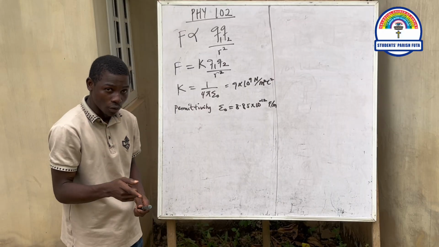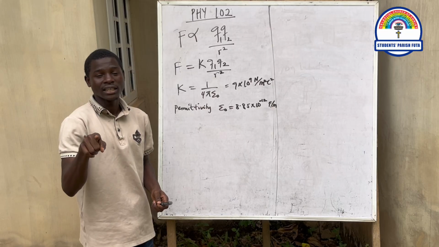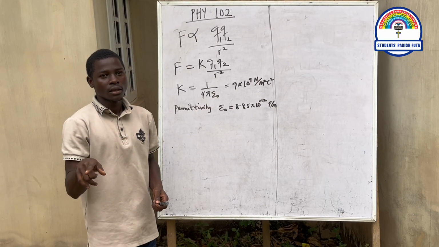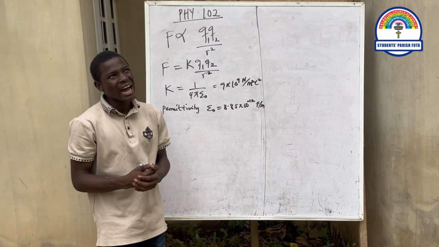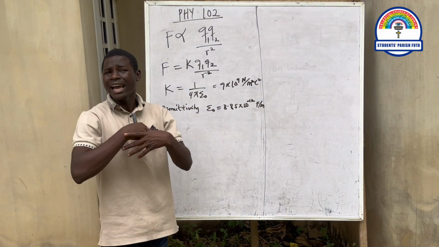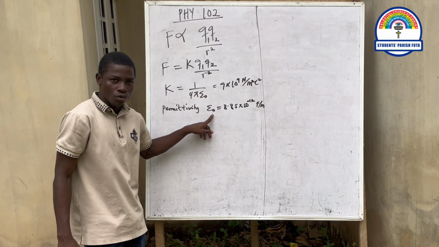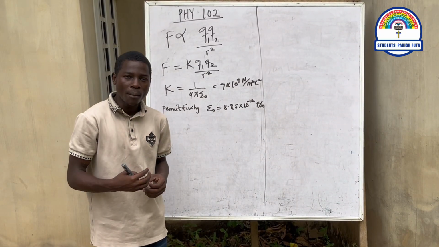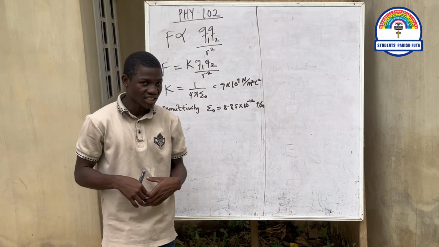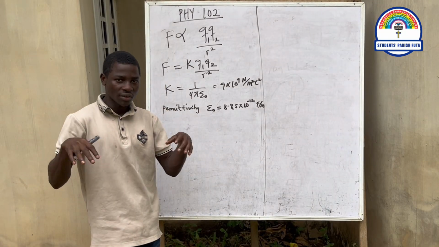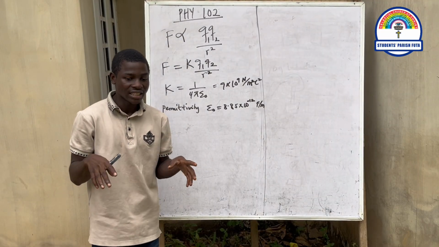If it is in any medium you can think of that is not air or vacuum, definitely you can't use this epsilon naught, because permittivity is how a medium allows force to affect charges in it. The way air allows force to affect charges in it is different from how water allows force to act on charges in it.